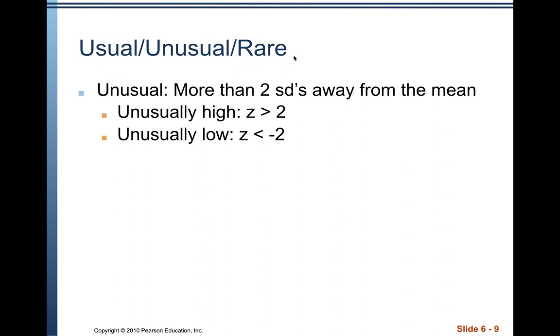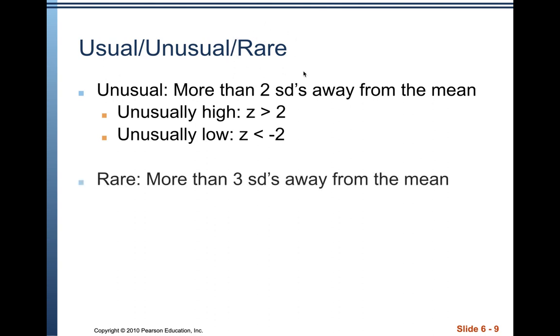The word rare in statistics has the same meaning, except it's 3 standard deviations. So any piece of data that is more than 3 standard deviations away from the mean is considered rare. If a piece of data has a z-score greater than 3, we would consider that rarely high.